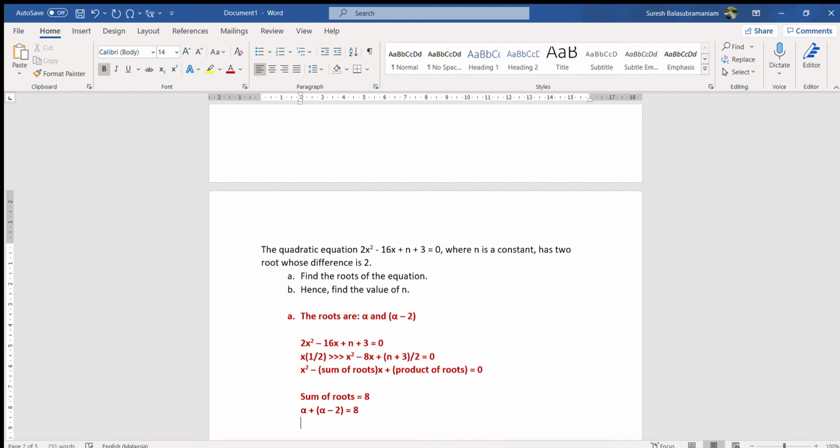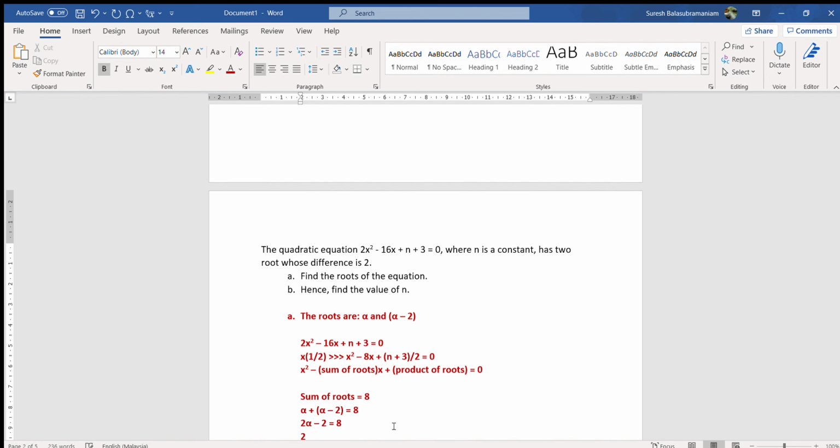Let's solve this. Alpha plus alpha is 2 alpha, minus 2, equals 8.